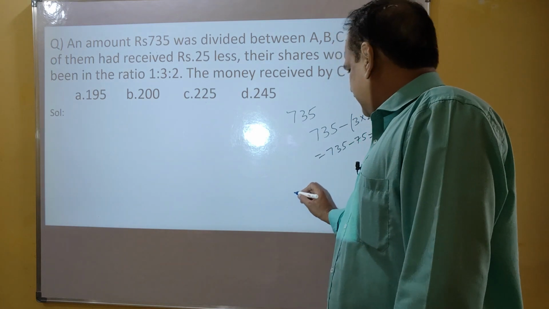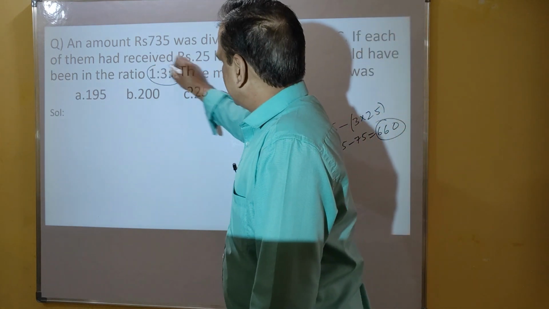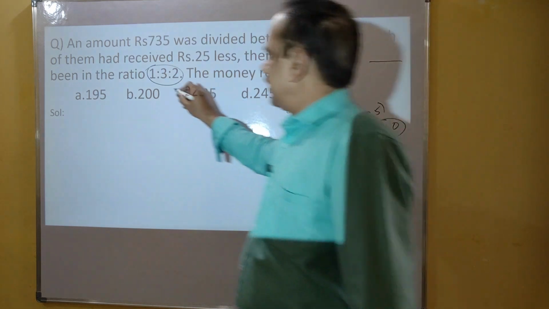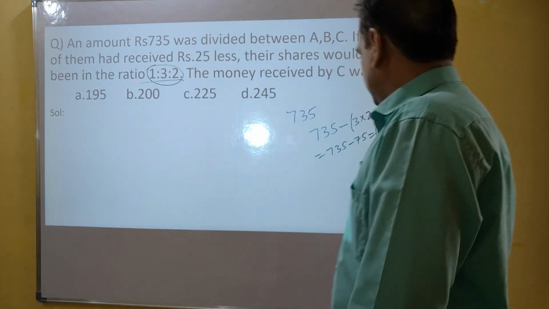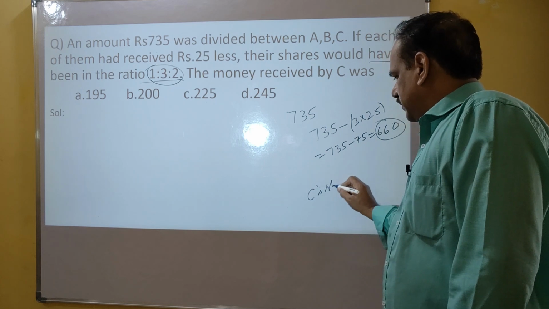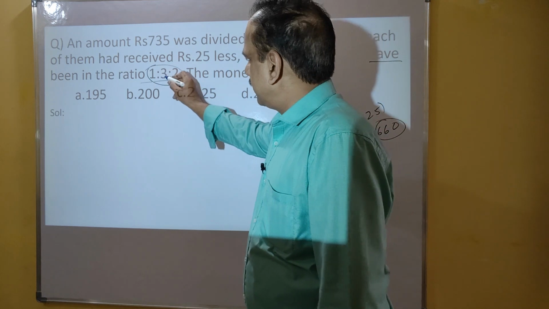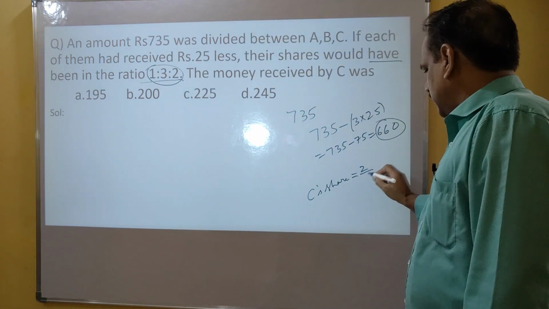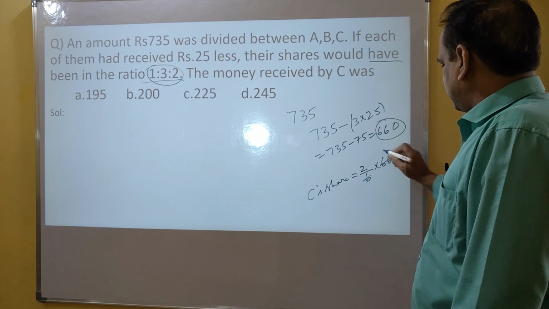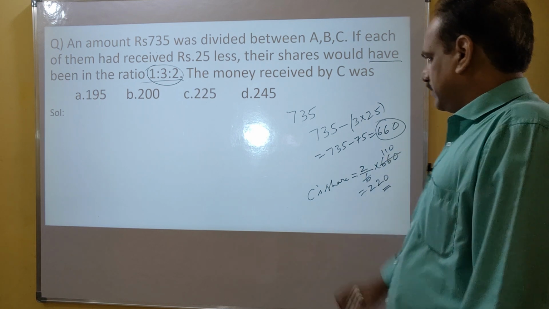Now how much does C get? They would have been in the ratio 1:3:2. So what is the C share? C share is 2 shares out of 6 shares. So out of 660 rupees, C gets 220 rupees.